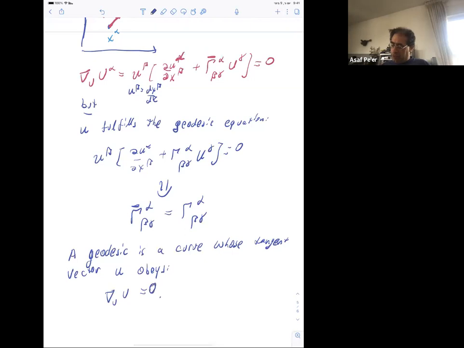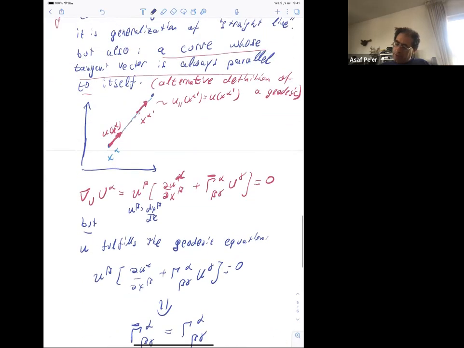It's a very elegant way. You see where it all comes from, right? The geodesic is simply a curve, a straight line, or the shortest path. It is a curve whose tangent vector is always parallel to itself.